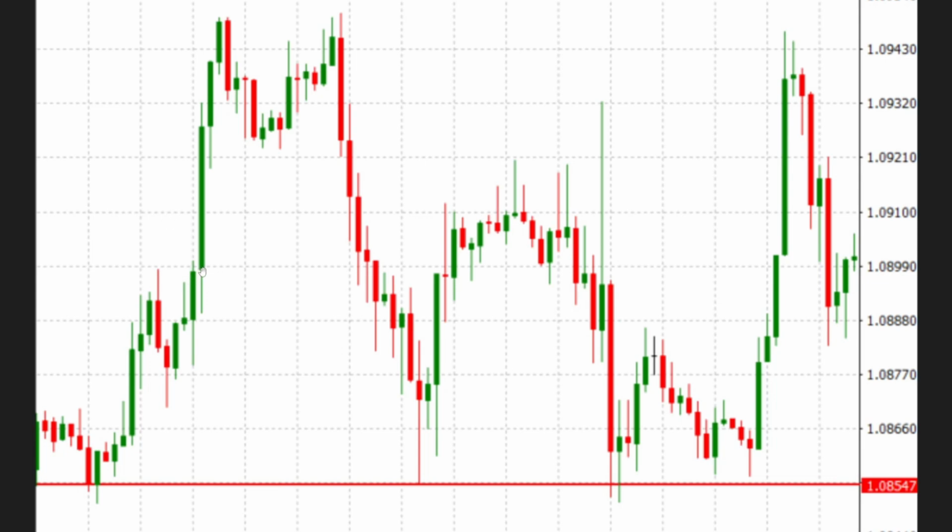In 1 minute it opened at around the 1.08990 range and closed at around 1.0925 or whatever. And then we had the price movement. The price ended up moving all the way down, almost to 1.08, and then at one point ended up going all the way up to 1.09320.